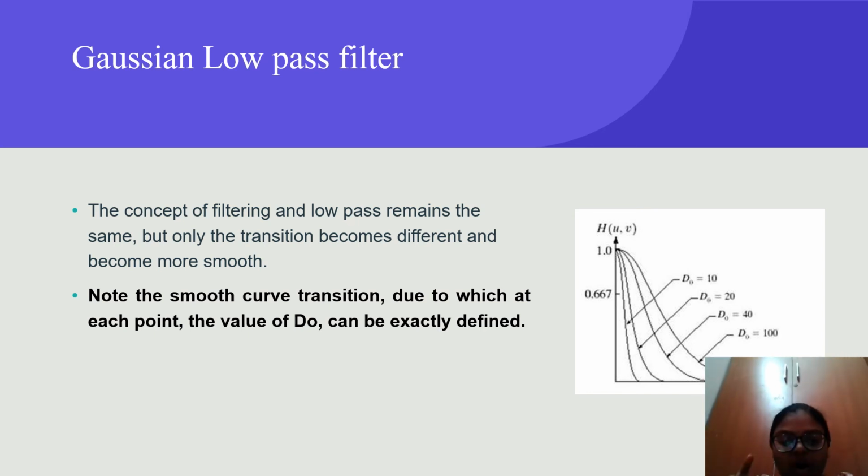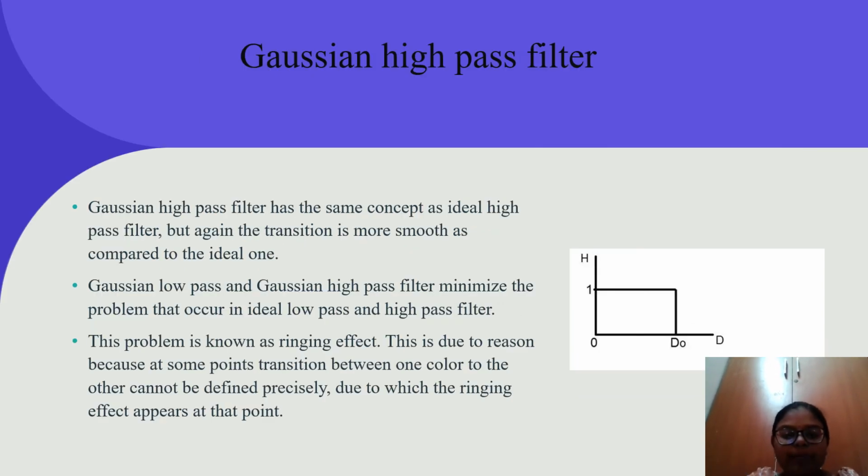Note that D naught, the smooth curve transition, is due to which at each point the value of D naught can be exactly defined. And the Gaussian high pass filter has the same concept as the ideal high pass filter, but again the transition is smoother as compared to the ideal one.